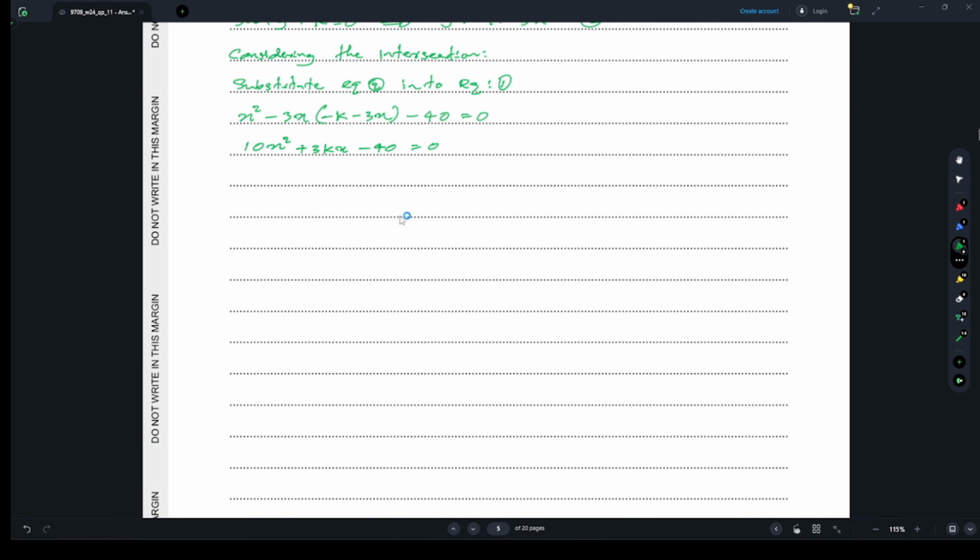Now, what do we have to do in this case? This is a quadratic equation, so we have to solve it. But we can't get any answers, right? Because we don't know the k value.